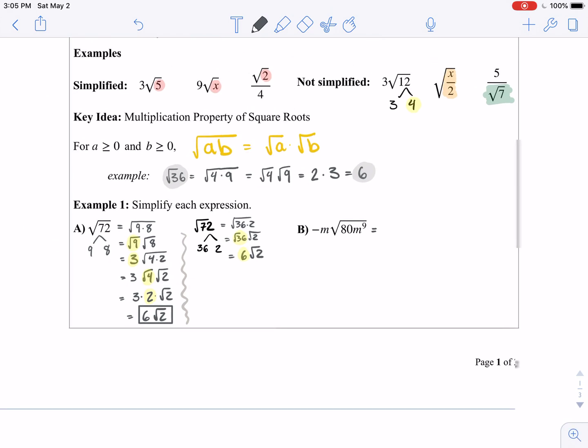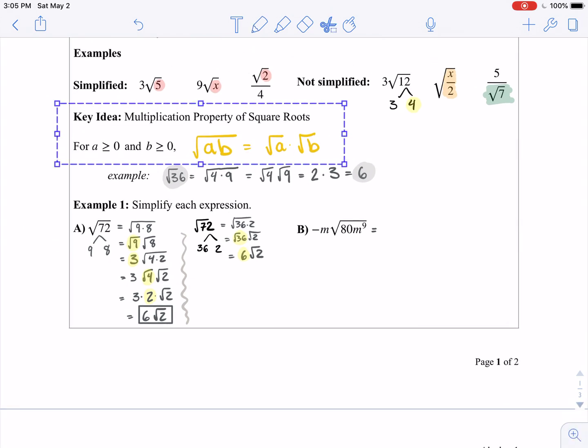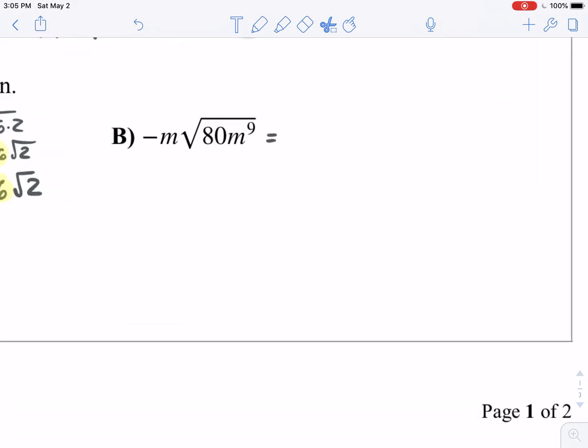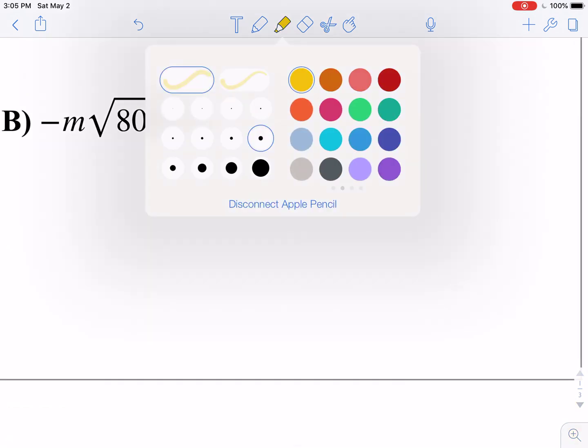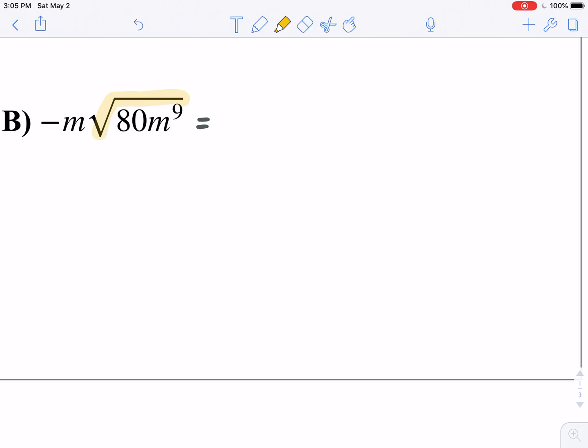Again, the reason we can split it up is because we're using the multiplication property of square roots. So I'm going to split up the radical into 80 and m to the 9th power. So we keep our negative m out in front the same. Now we have the square root of 80 times the square root of m to the 9th power.